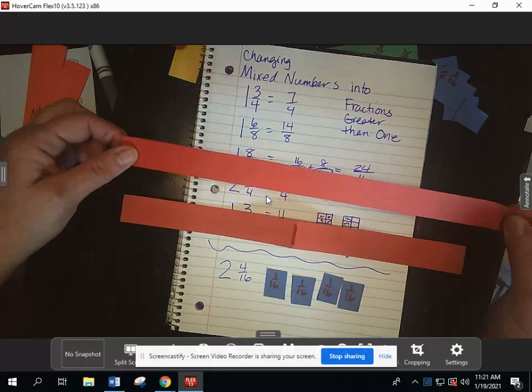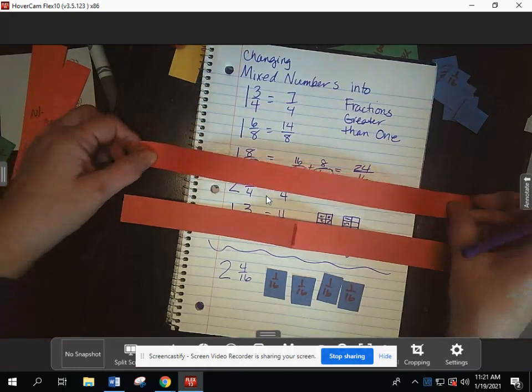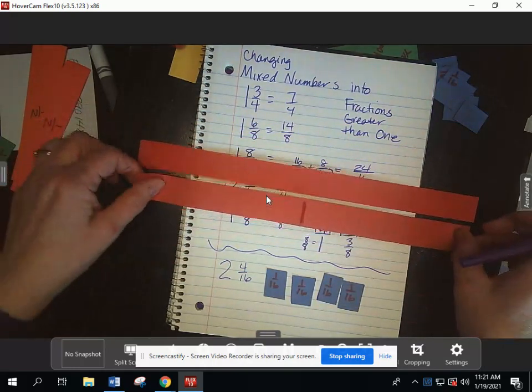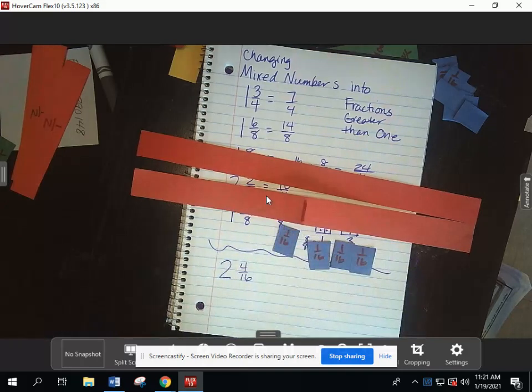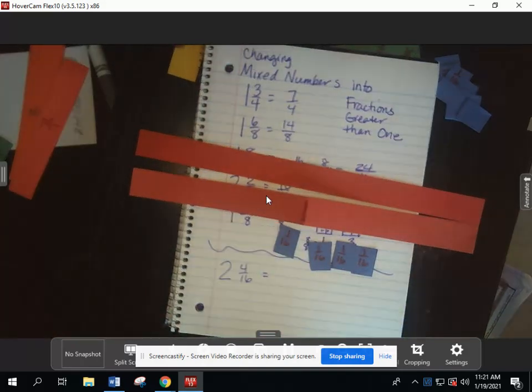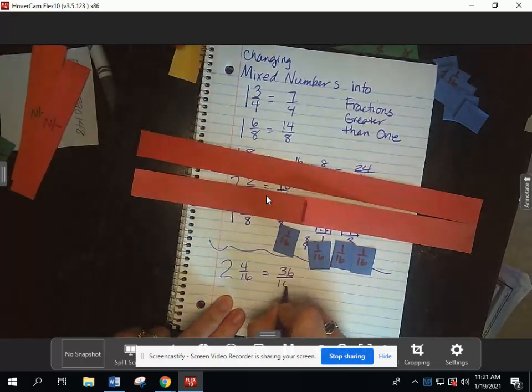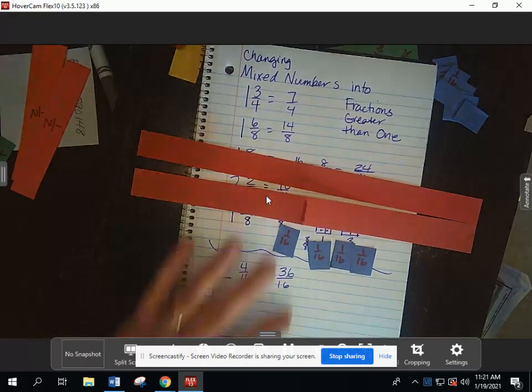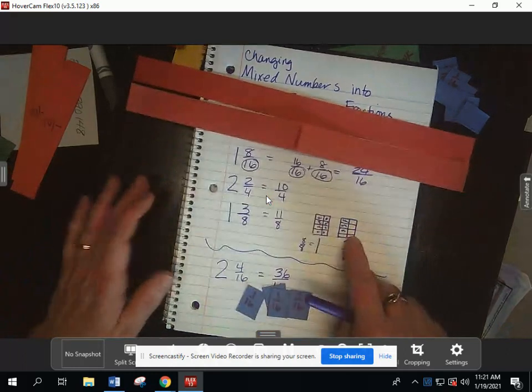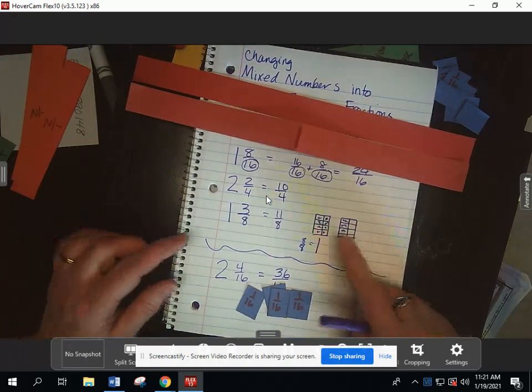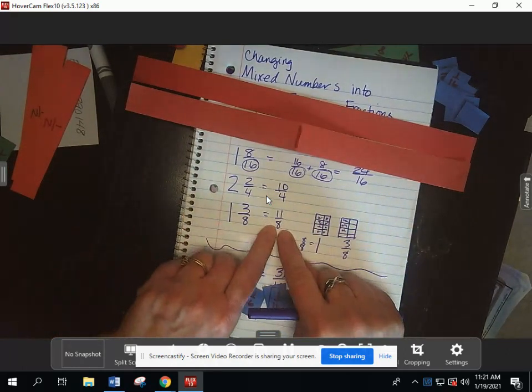So we have 16 plus 16 plus 4 gives us what? Everybody, I heard a bunch of you tell me this. Tell me again. Everybody? Okay. I'm hoping that this little drawing helped you out a lot so you'll understand what denominator we use.